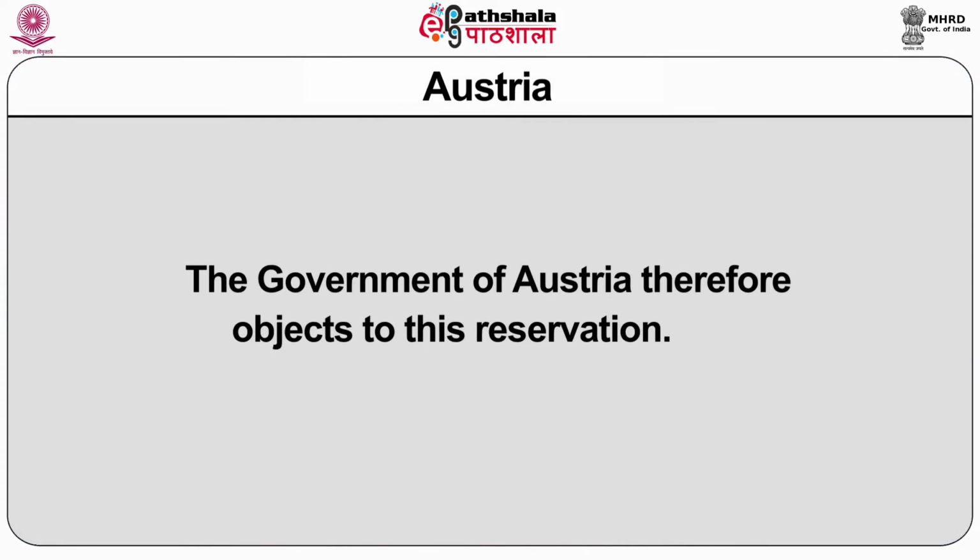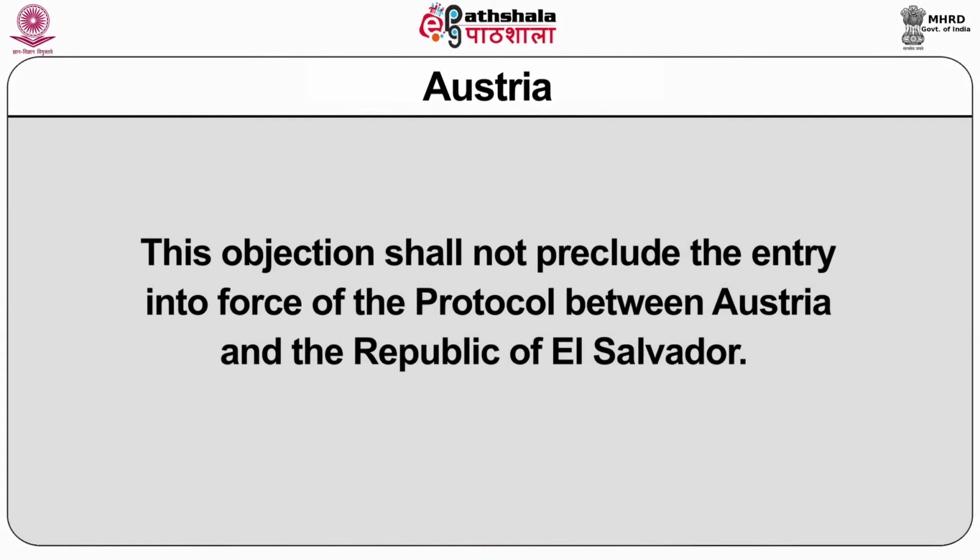The government of Austria, therefore, objects to this reservation. This objection by the government of Austria shall not preclude the entry into force of the protocol between Austria and the Republic of El Salvador.